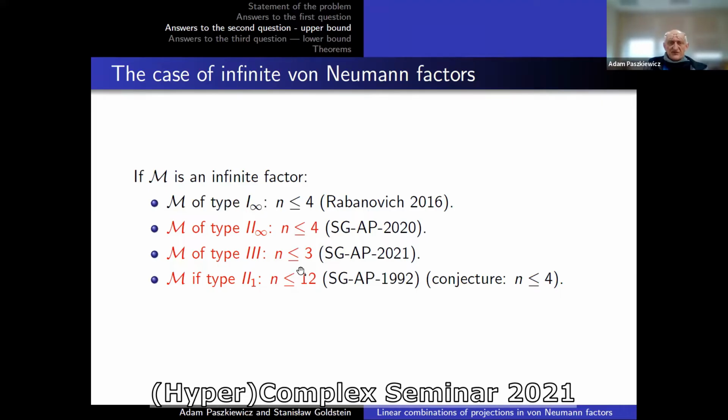The special method obtained in this result suggests that if we take the remaining factor of type 2-1, also each operator can be represented, in this case, by 4 projections, and a self-adjoint operator is a linear combination of 4 projections.